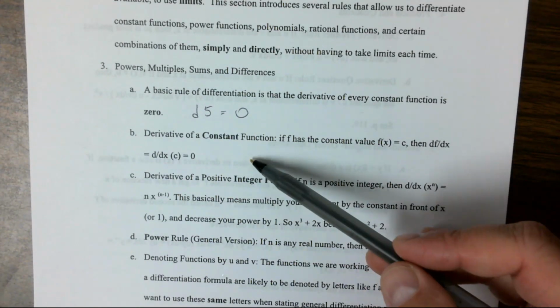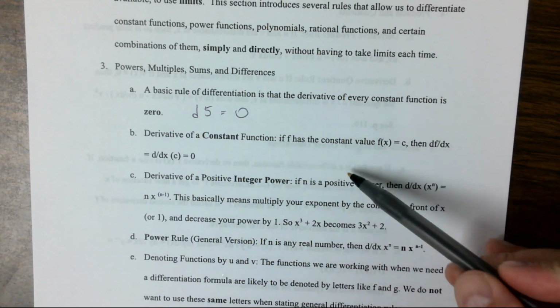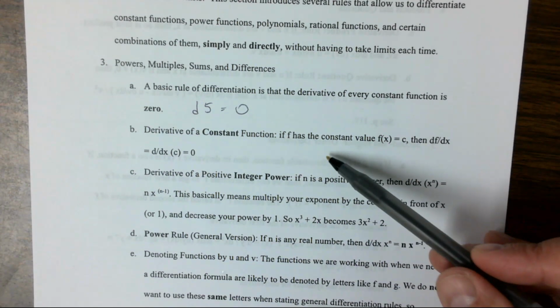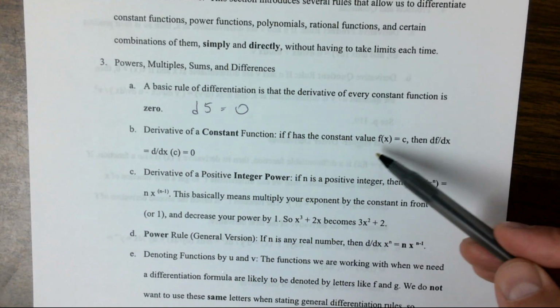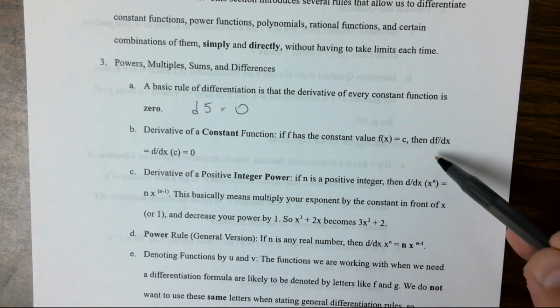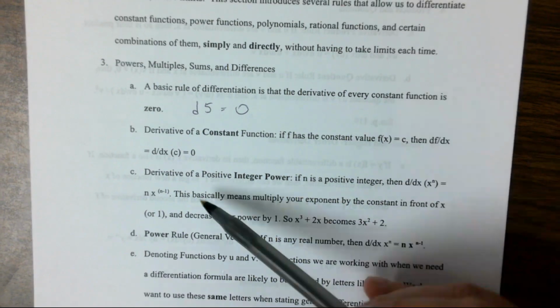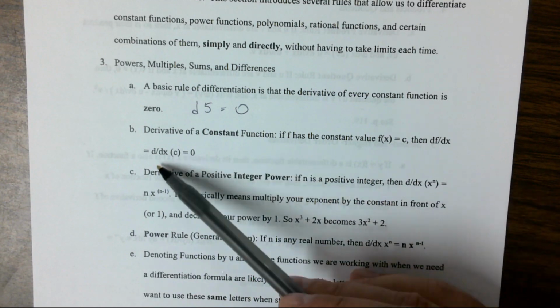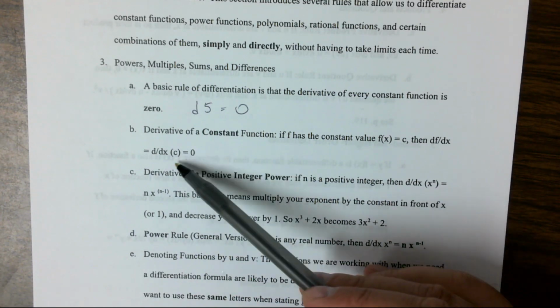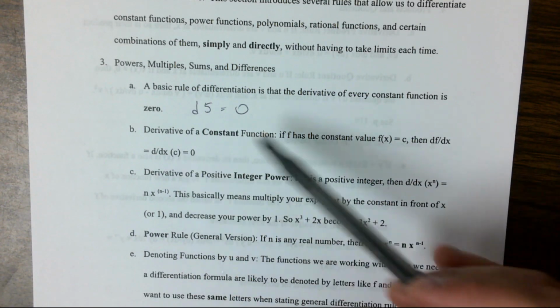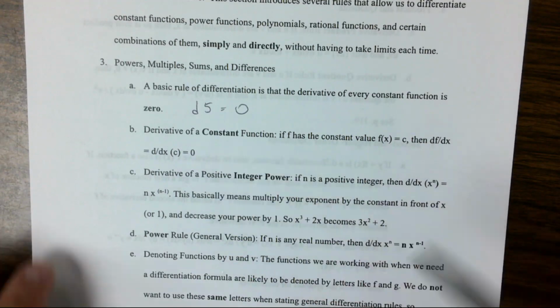So the derivative of the constant function formally says if f has the constant value f of x equals c, then df dx, also written d dx with respect to c, is 0.